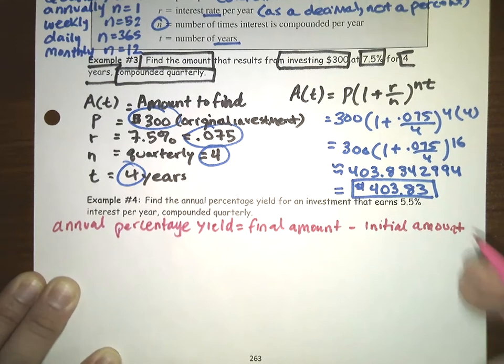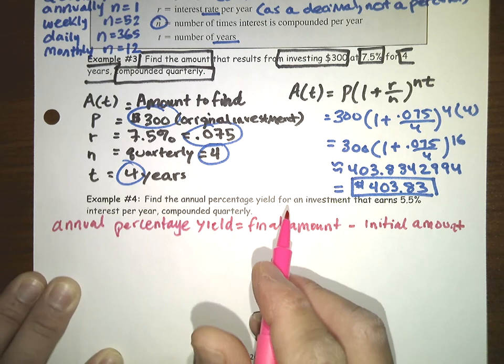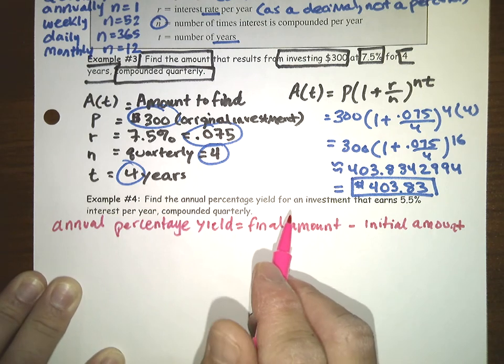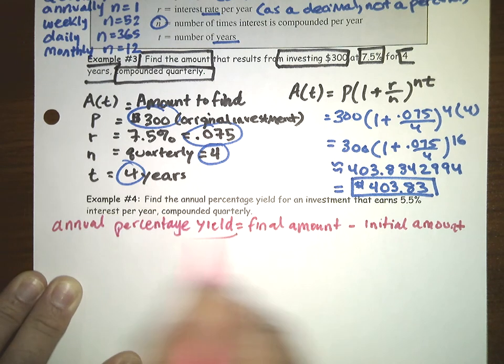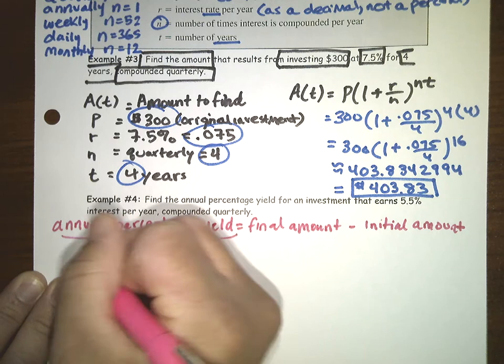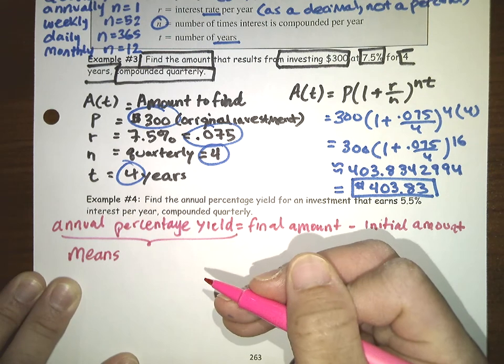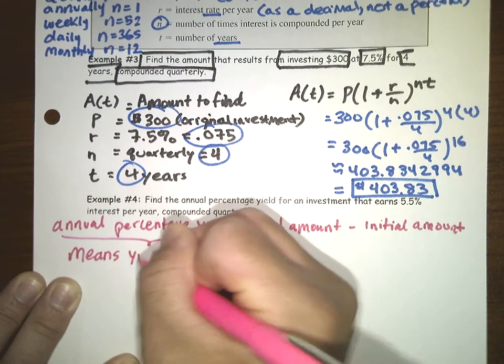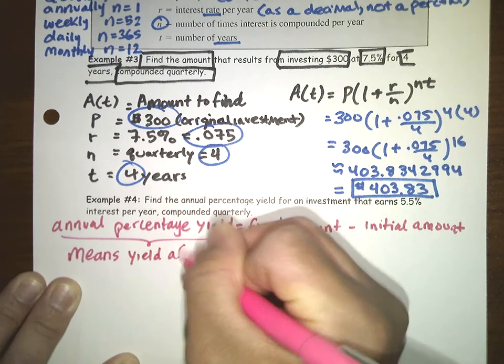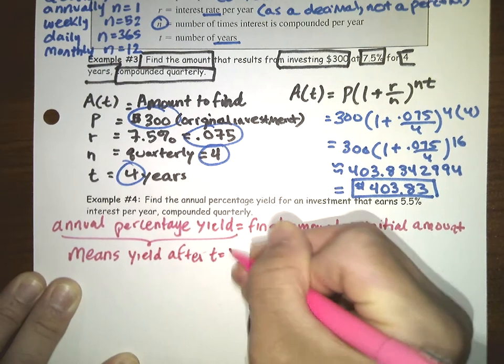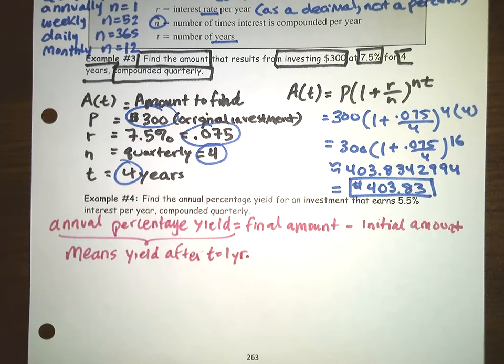But the one thing that you need to remember is that annual means this is the yield after 1 year. So this means the yield after t equals 1 year. All right. So what are we going to do now? Let's go ahead and do this calculation.